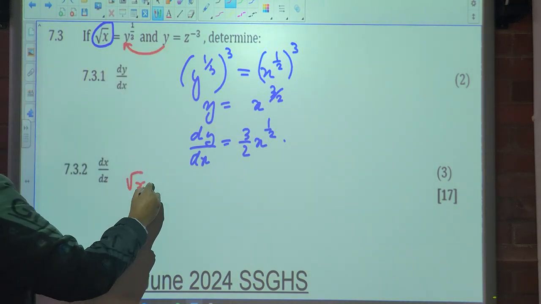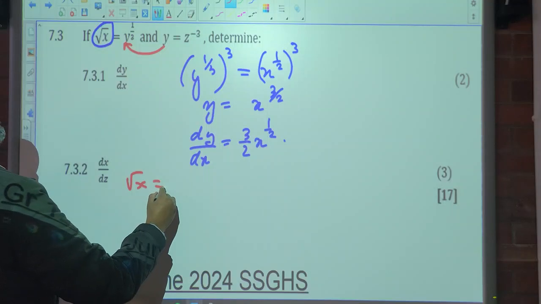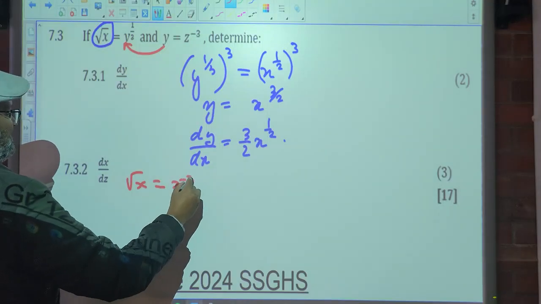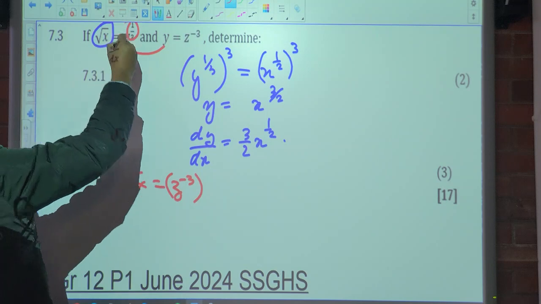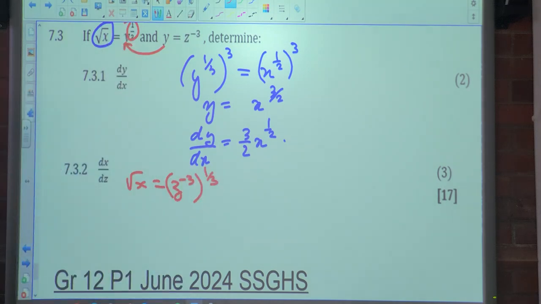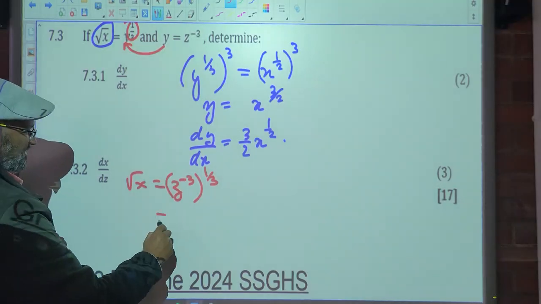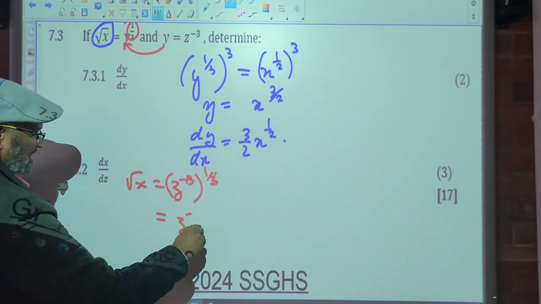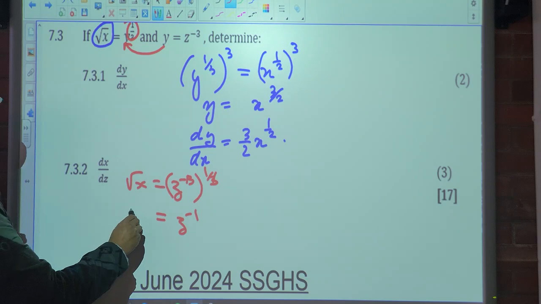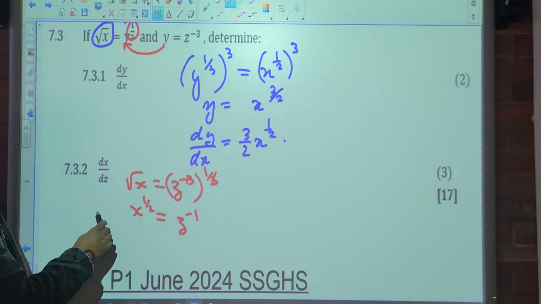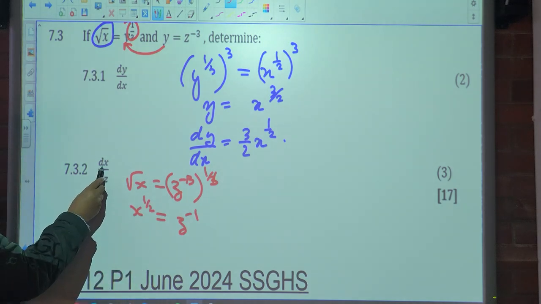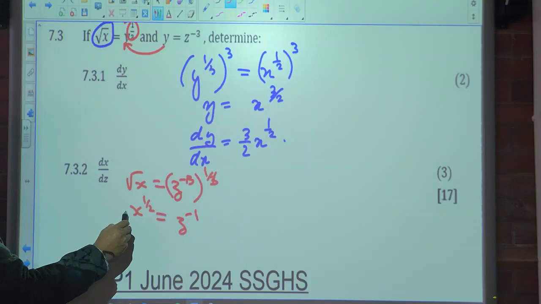So I got the root of x is equal to z to the minus 3 raised to the power a third. That's going to give me negative 1, so z to the minus 1 equals x to the half. I must make x the subject of the formula, so I must get rid of the exponent.